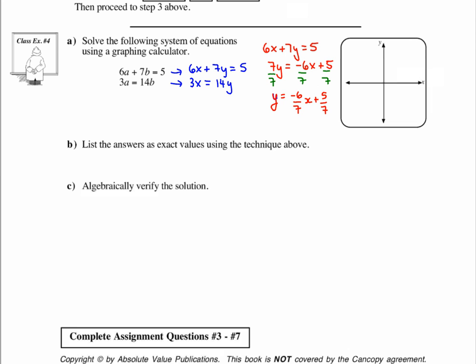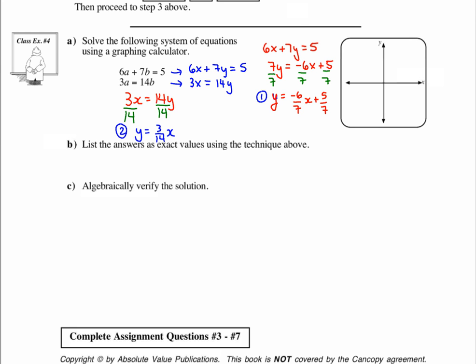Now we want to do the other one. 3x equals 14y. How do I get y by itself? Divide both sides by 14. So y equals 3 over 14x. So here's my 2 equations.